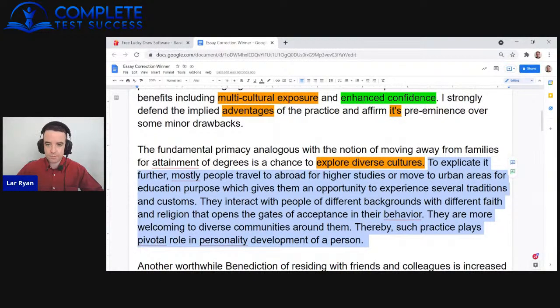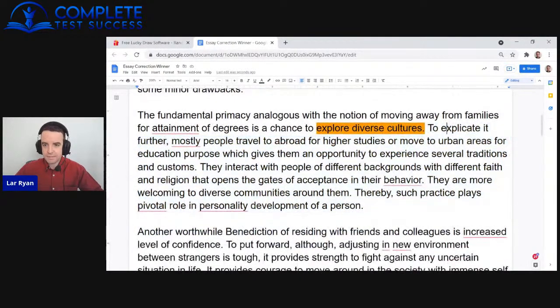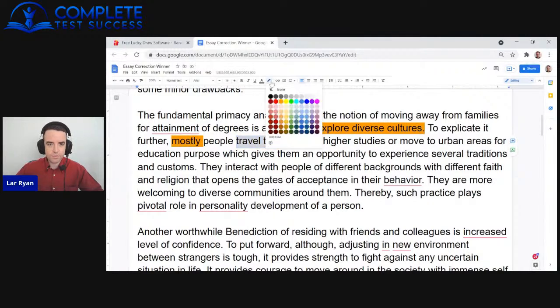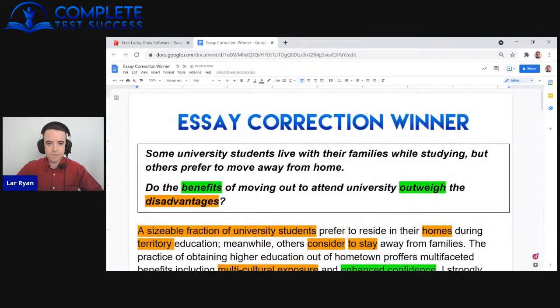So now we want development of that idea. To explicate it further, most people travel abroad for higher studies. But it's not about traveling abroad. The question didn't say anything about traveling abroad. The question said living with your family or moving away.